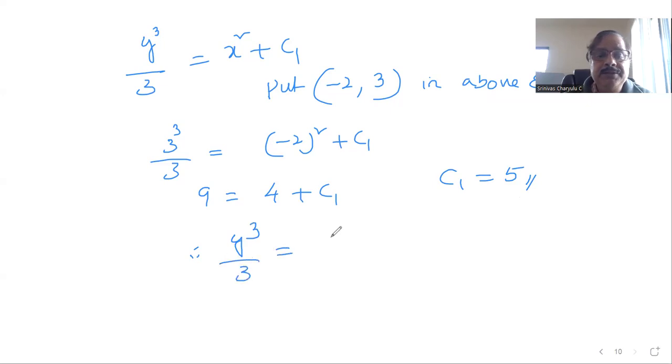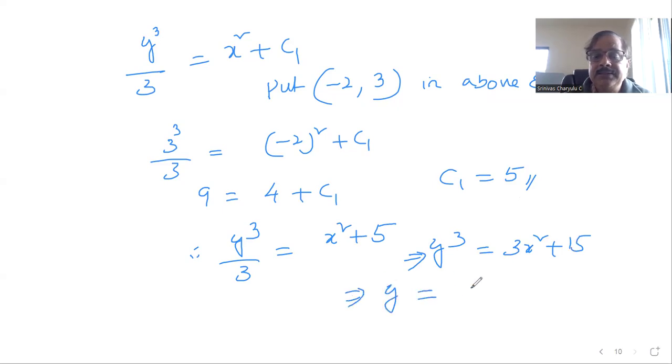Therefore, y cube by 3 is equal to x square plus 5, or y cube is equal to 3x square plus 15. You can also write like this. Even if you leave it at the top, we don't lose any marks. Or take the cube root: the power 3 will become 1 by 3 on this side. This is the sum. You better always come to the end up to y. Don't leave it as y square or y like that. You go up to the last step.